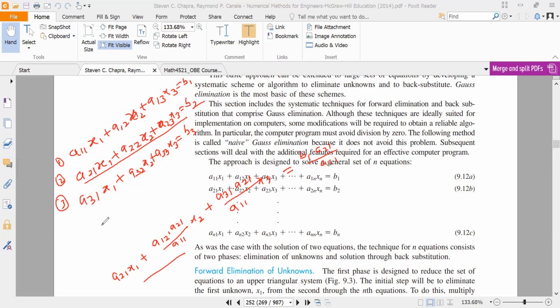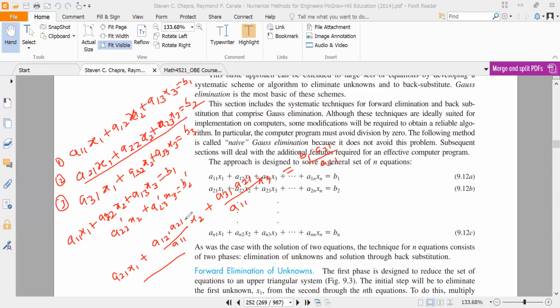So ultimately you will obtain a set of equations something like this: a11 x1 plus a12 x2 plus a13 x3 is equal to b1. The next equation will be a22 prime x2 plus a23 prime x3 is equal to, say, b2 prime.